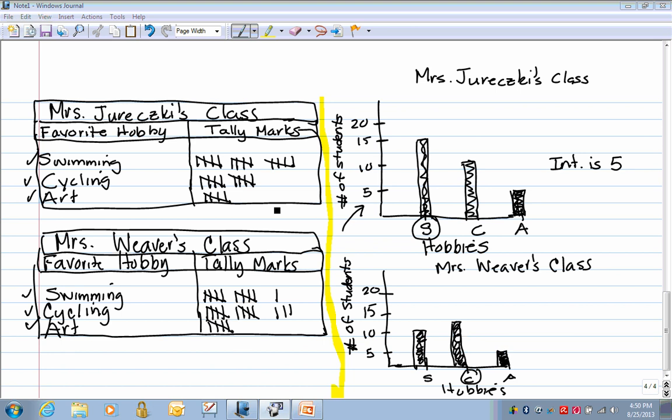You could look at them and not have to count anything. You could immediately know that for Ms. Jareski's class that swimming was chosen as the favorite hobby, and for Ms. Weaver's class that cycling was chosen. It takes less time to look and compare those graphs than actually count up the tally marks.